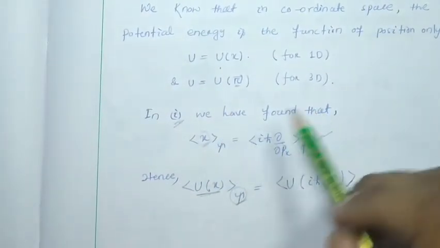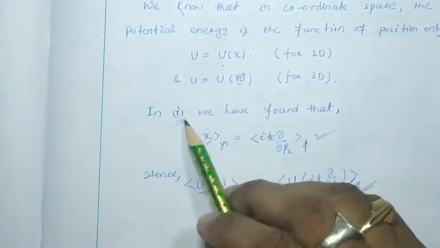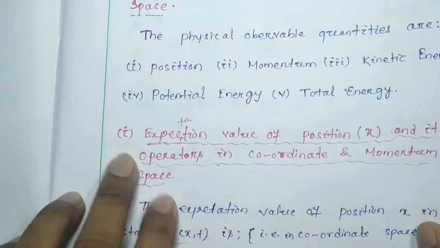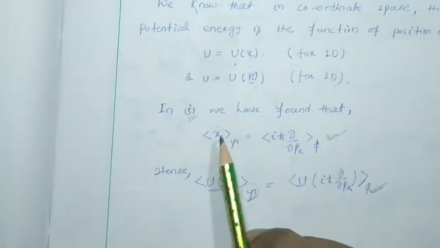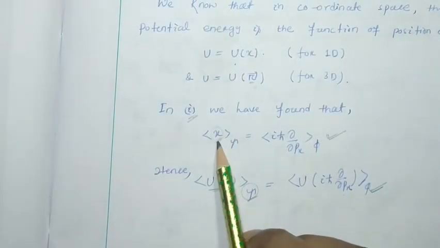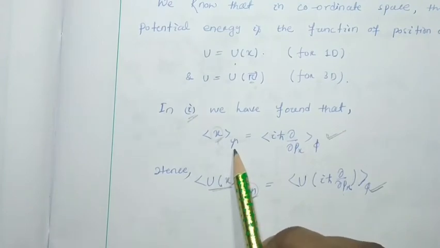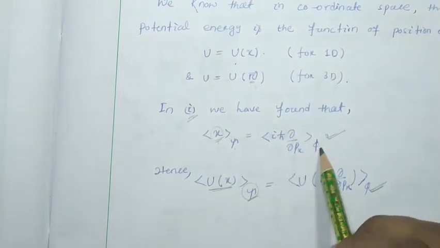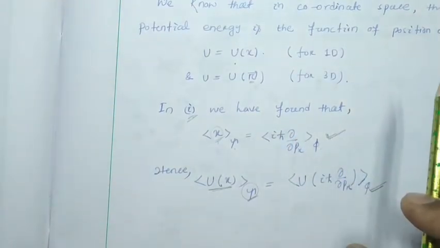We found previously that the expectation value of position in coordinate space is nothing but i h cross del by del px in momentum space. This much we have found.